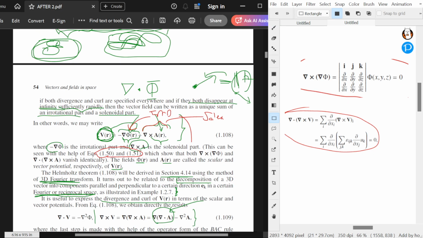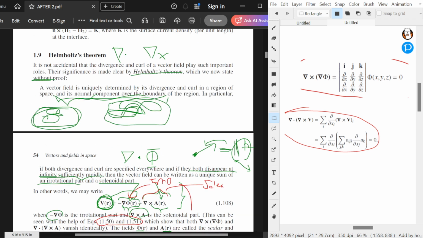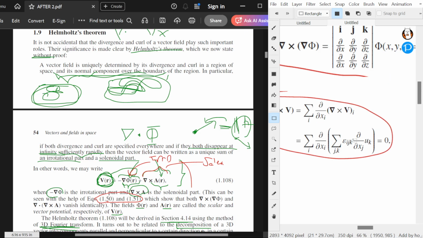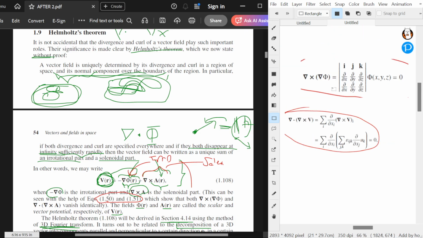This can be seen with the help of this, which shows that both vanish identically. The vector field is determined by divergence and curl in a region. What are we looking at? Divergence and curl.